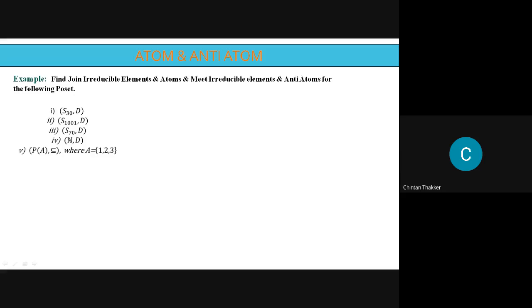So the I element does not exist, therefore we cannot get the irreducible elements and all this. We can find them only for a bounded lattice.